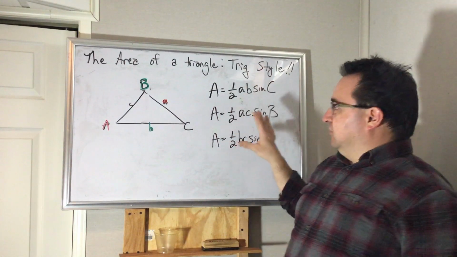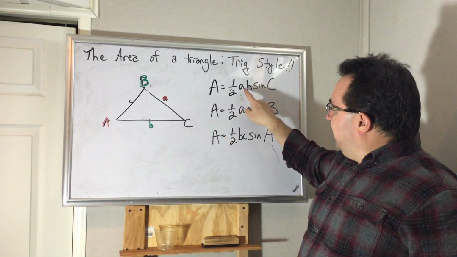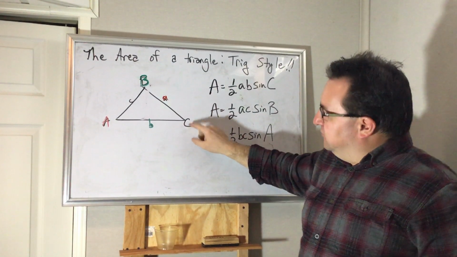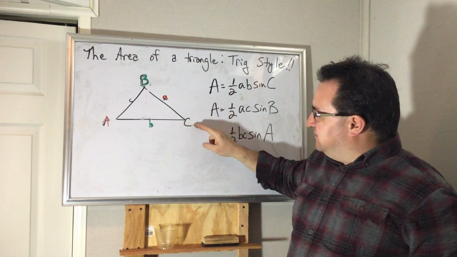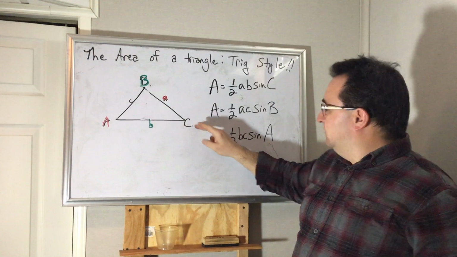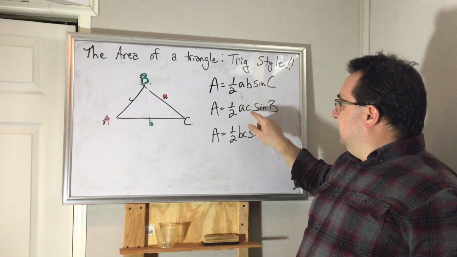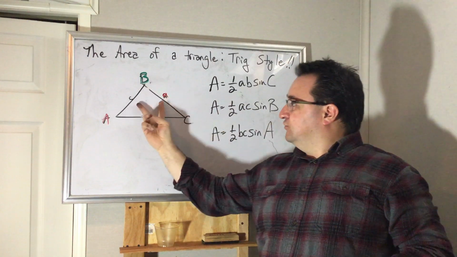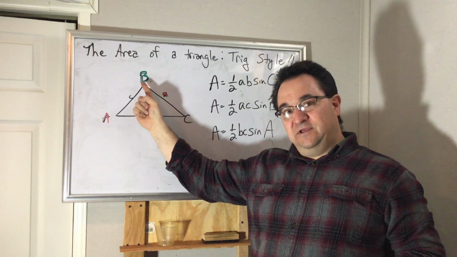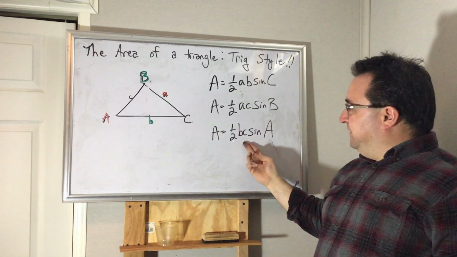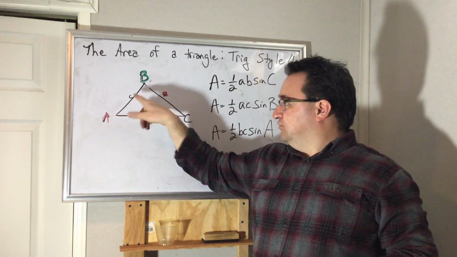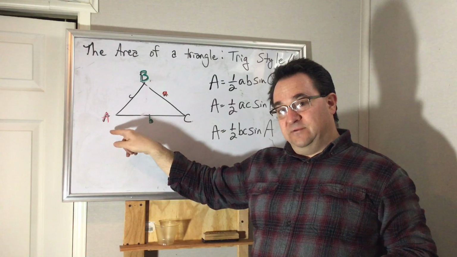Now let's look a little more closely at the patterns. AB sine C: notice that is 2 sides and the angle in between them. AC sine B: 2 sides and the angle in between them. BC sine A: 2 sides and the angle in between them.